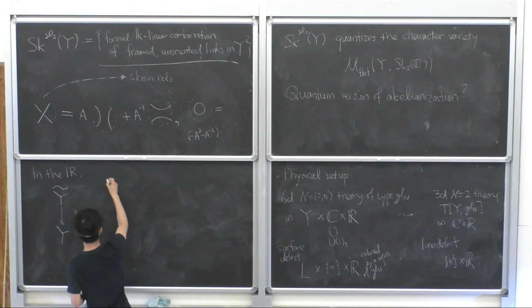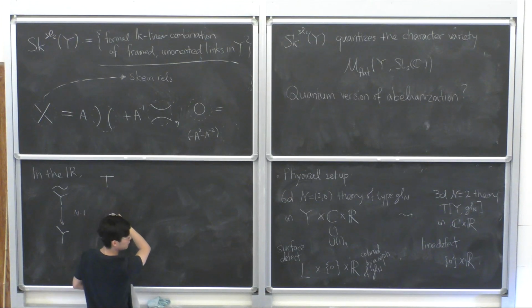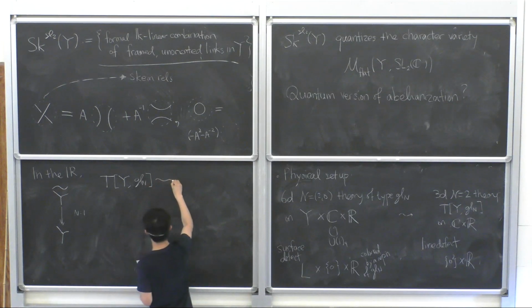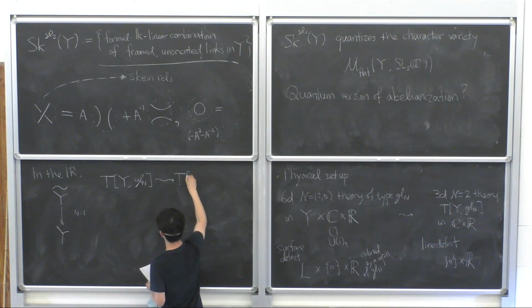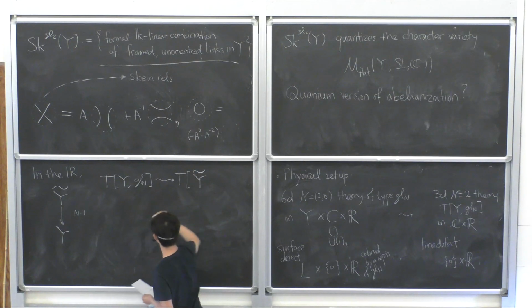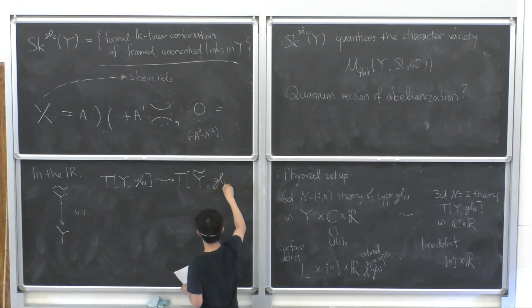And this theory we had in the UV, the T of Y of GLN, basically becomes the theory based on this branched cover with GL1.